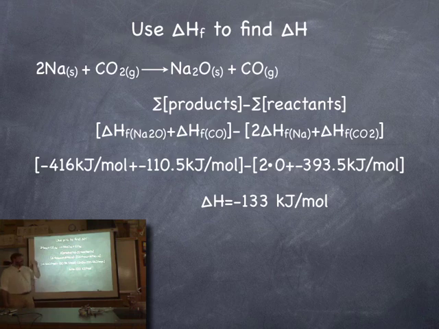So, key, delta H equals sum of the products minus the sum of the reactants. This is super easy. I mean, it's easier than doing Hess's law. Hess's law, you got to figure it out. You got to flip them all around. If we write the equations all the same way every time, you just look them up on the chart, add, and you're done.